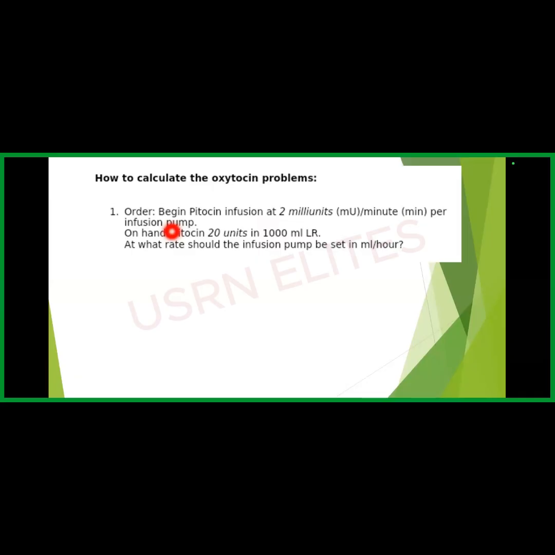And what you have here is Pitocin, 20 units in 1,000 mils of Ringer lactate, or lactated Ringer's. And they are asking, at what rate should the infusion pump be set in mils per hour?